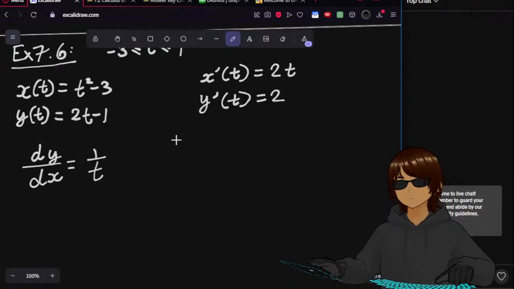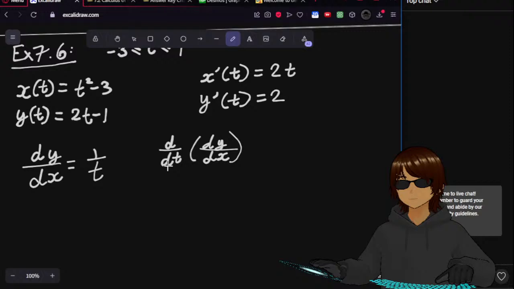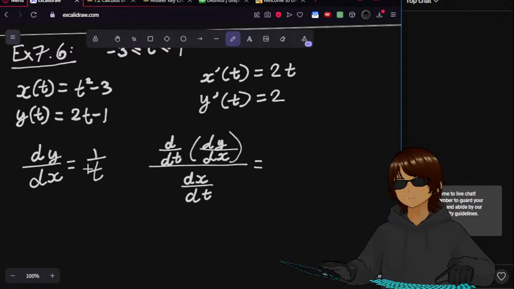And then the derivative of this with respect to t: t to the power of minus 1 becomes minus 1 over t squared.